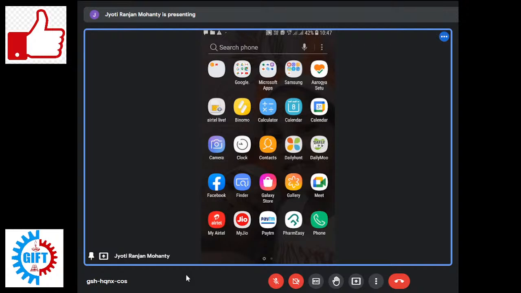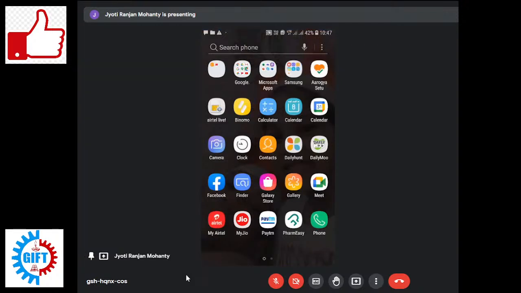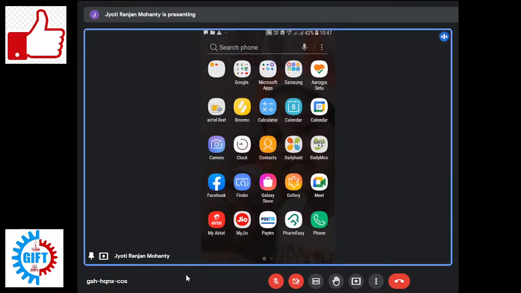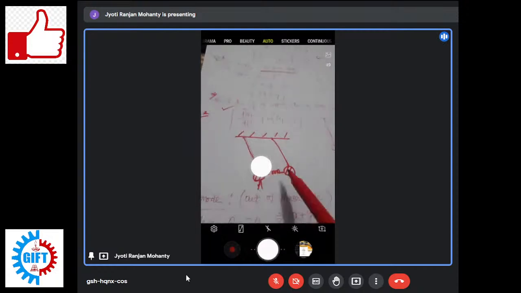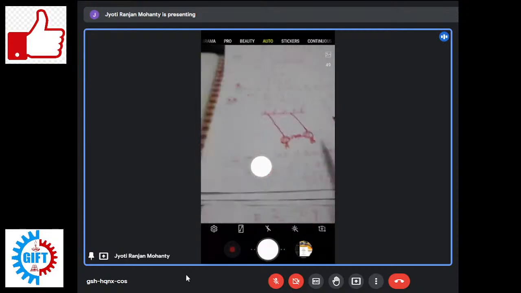Yes, sir. Here the spring does not play any role and the bob will oscillate as if there is no coupling. So in Q1 mode both the displacements are same. We can say the spring has no role, and the bob, meaning the metallic bob, will oscillate as if there is no coupling. Okay. Next.